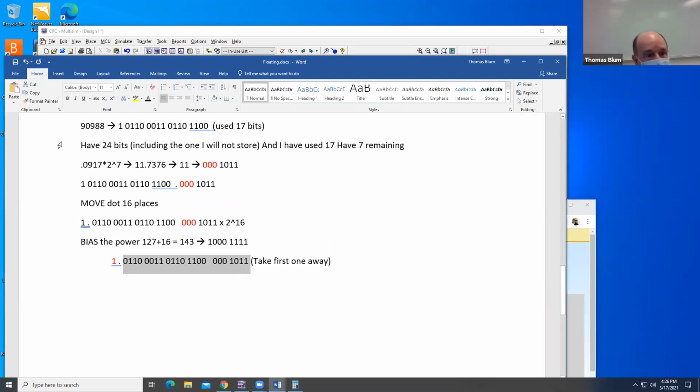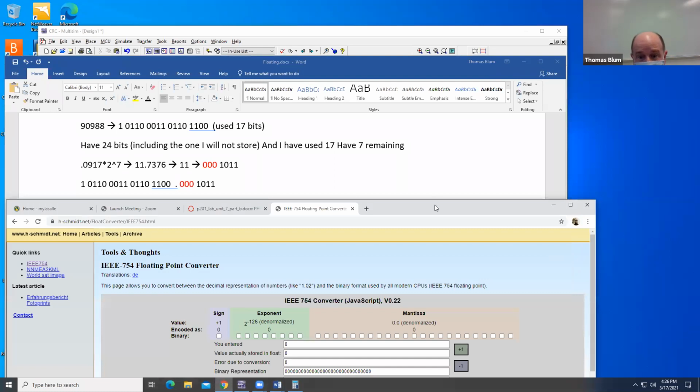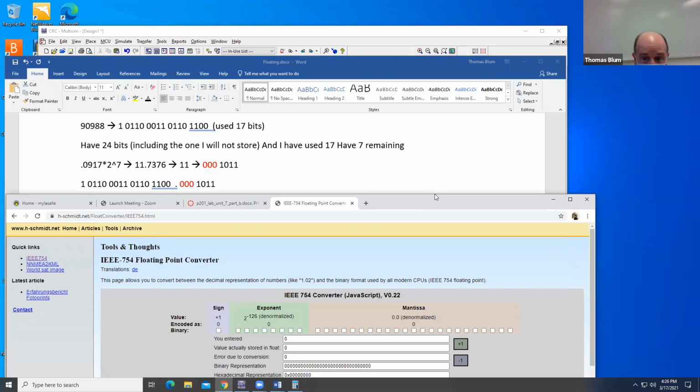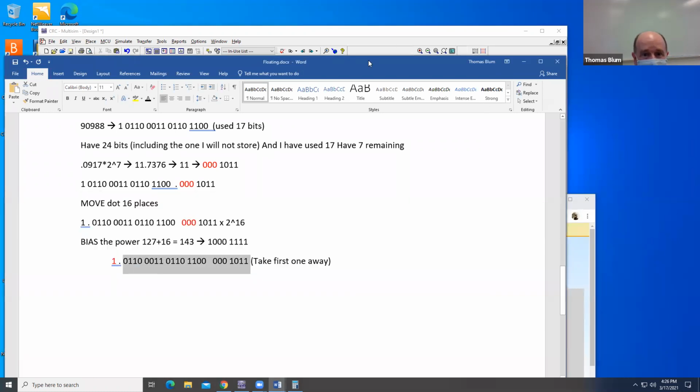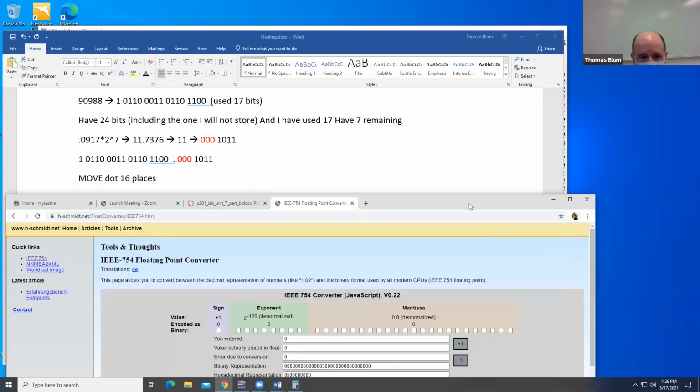For full credit, you're going to have to provide me a bunch of intermediate steps. It's definitely a show your work problem. If you want to write it on a piece of paper and take a picture of that piece of paper, that's fine by me, but I need some kind of work, not that you're just using a floating point calculator and that's that.